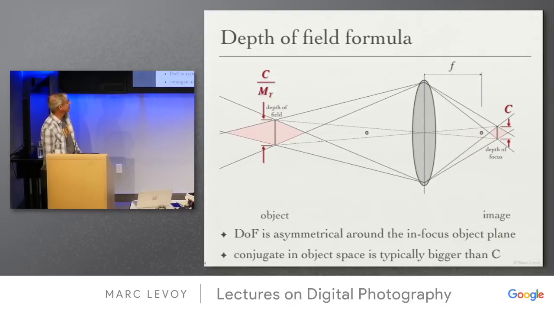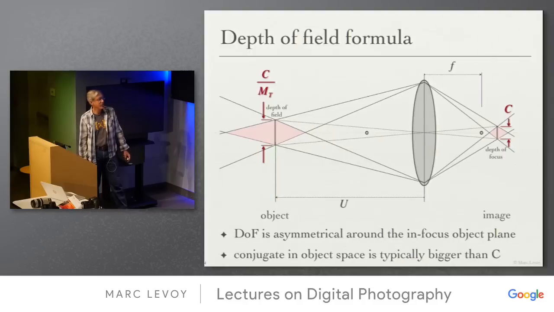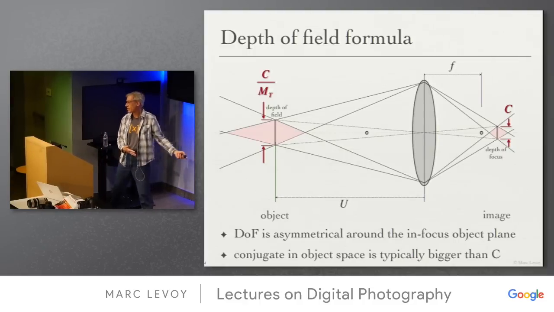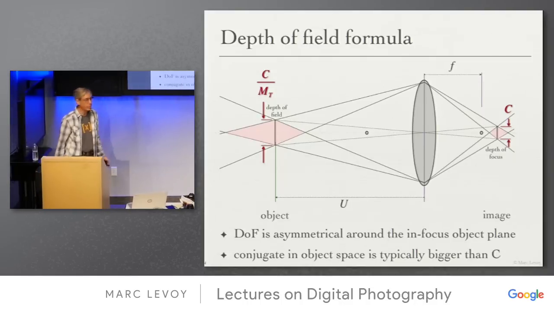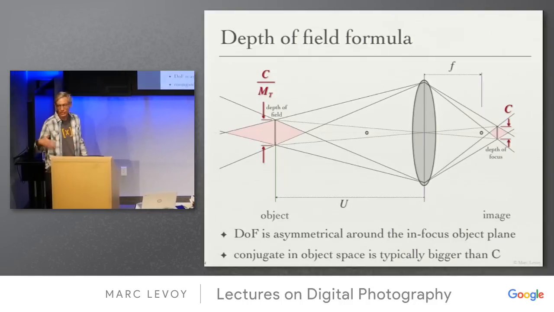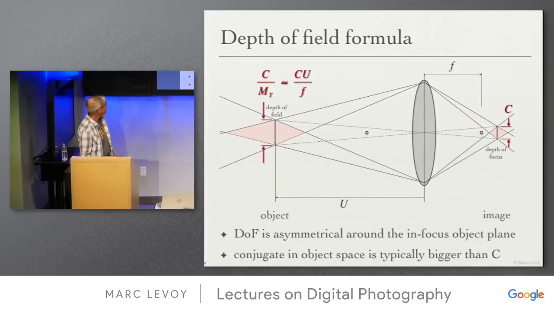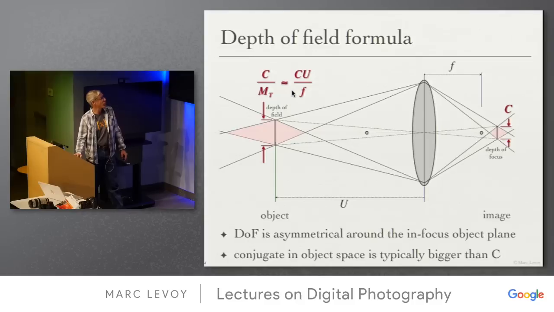We need F, the focal length, and we need U, which by convention in depth of field formulas is our object distance. It's SO in the previous slides, but I'm going to use the convention for each formula. So that's roughly equal to the circle of confusion times the ratio of those two, roughly.